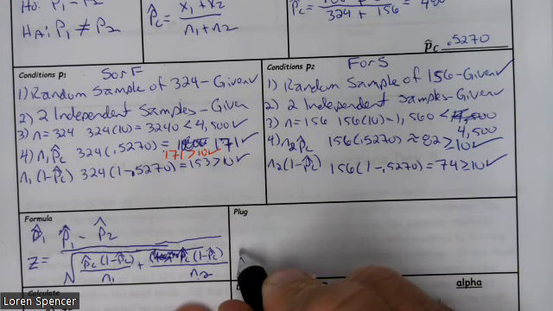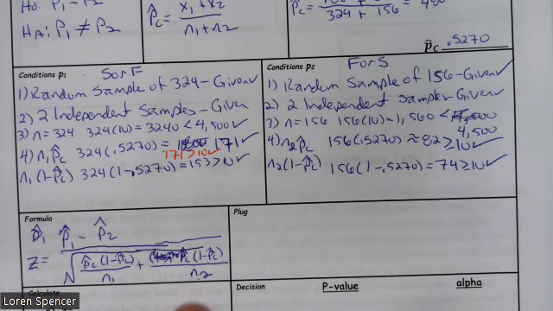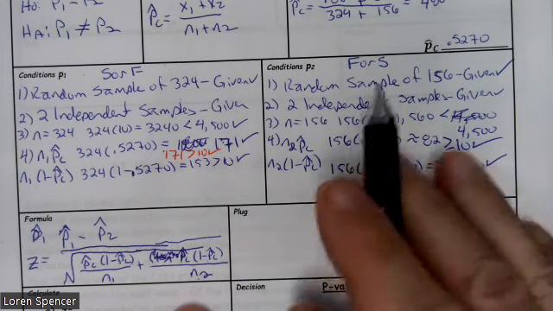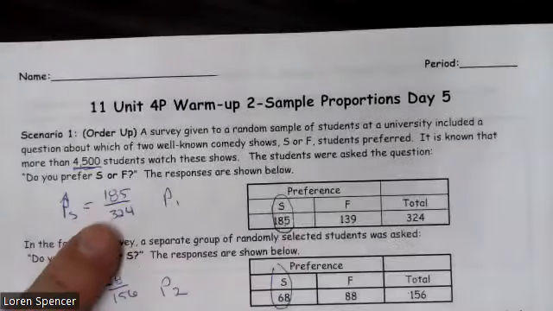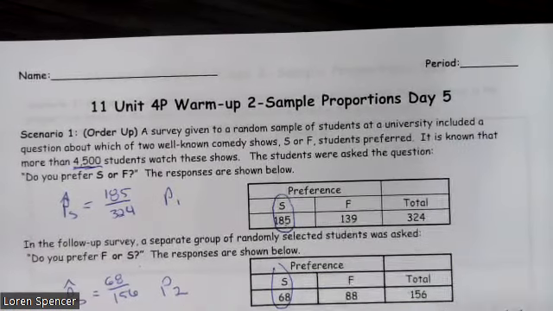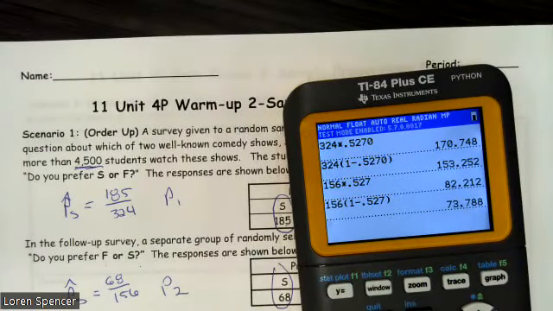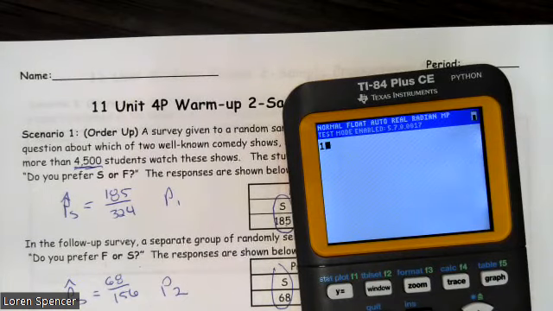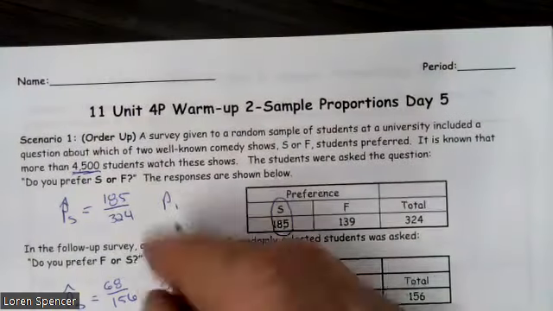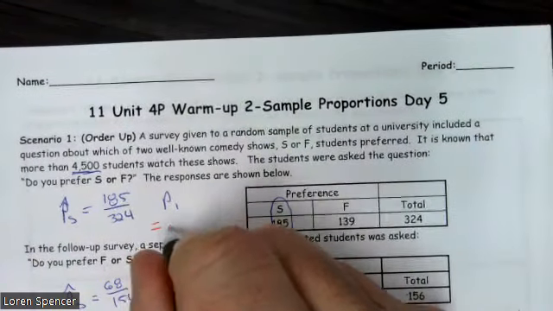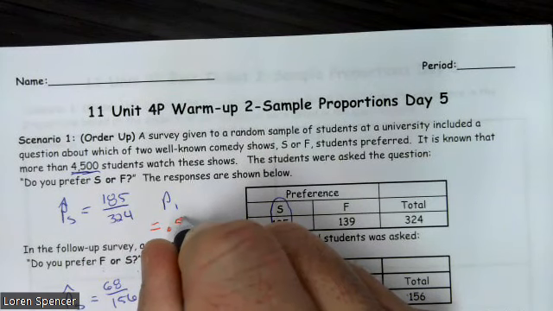All right, so we have a not equal to situation. So that means we're going to have to double whatever our answer is. So let's go ahead and look at the beginning. At the beginning, we said 185 over 324. So let's figure out what that is. 185 divided by 324 is 0.5709. And I'm just going to call it 0.57 because that's close enough.